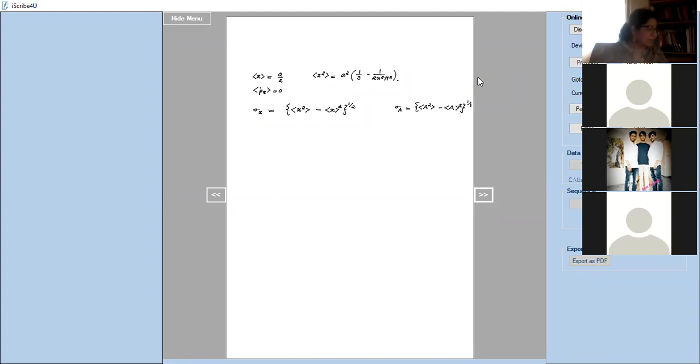Okay, so please try and compute that for me as well. So I'm just going to put up the value for sigma x here.